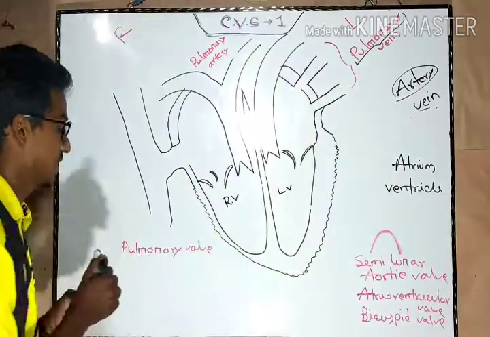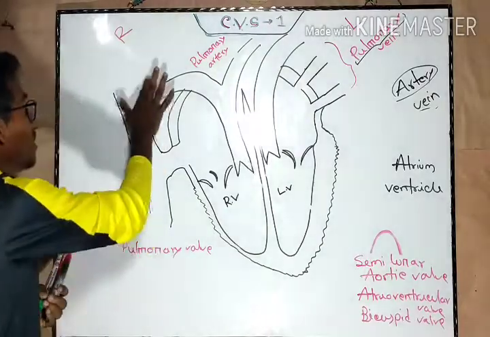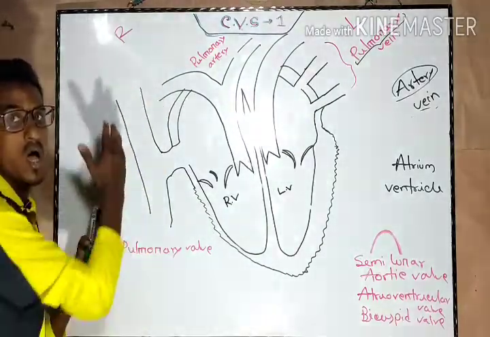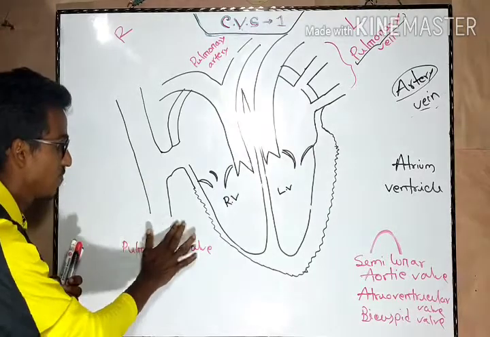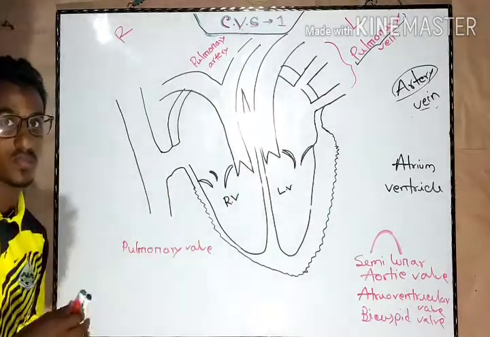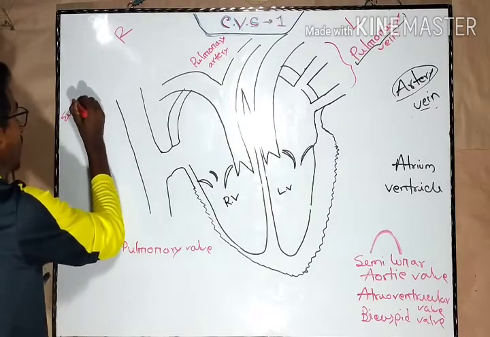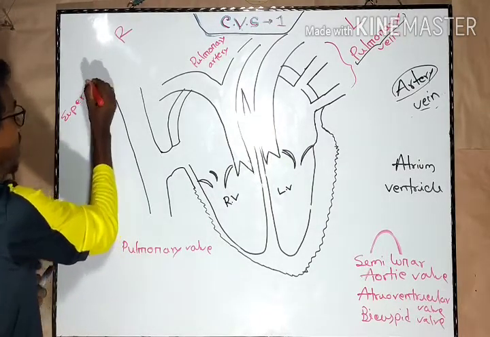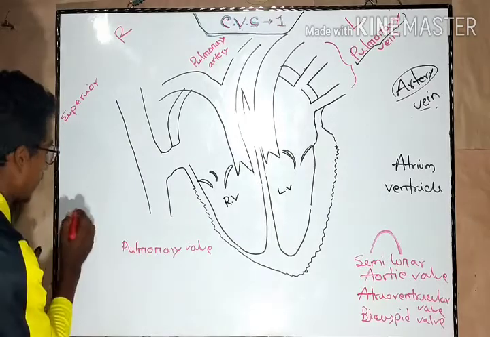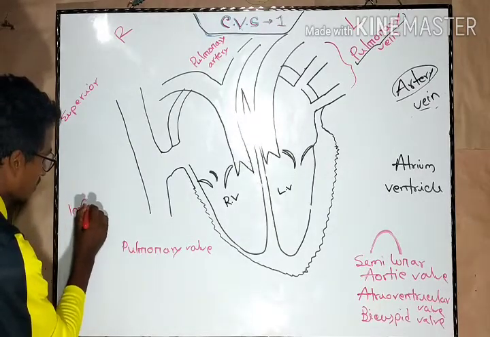Here are the two large vessels. Now look at that. The vessel from upwards and this vessel from downwards. In case of upwards, it's called the superior, and in case of downwards, it's called the inferior.